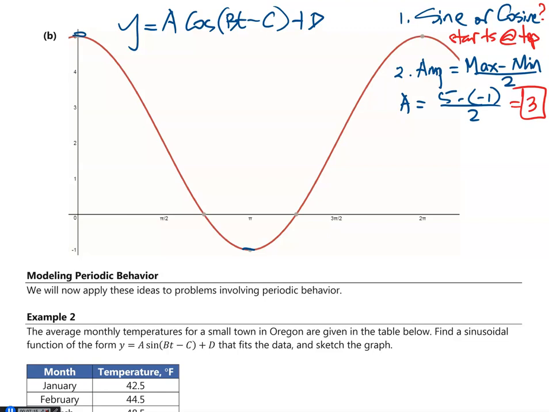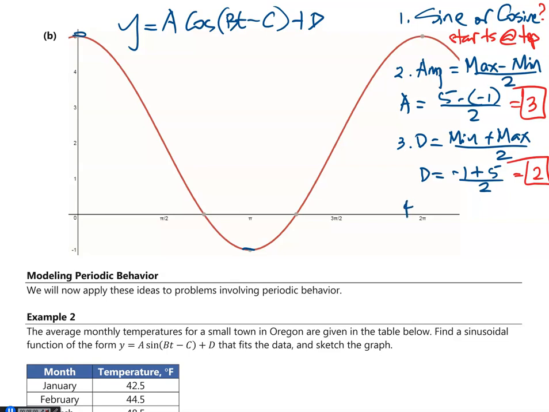Next one is d. You can solve for d using the max and the minimum. That is actually the average of the two. So this is the minimum plus the max over 2, and that is, again, minimum is -1 plus the maximum is 5, divided by 2, which is equal to -1 plus 5 is 4, divided by 2 is equal to 2. So that is our d.